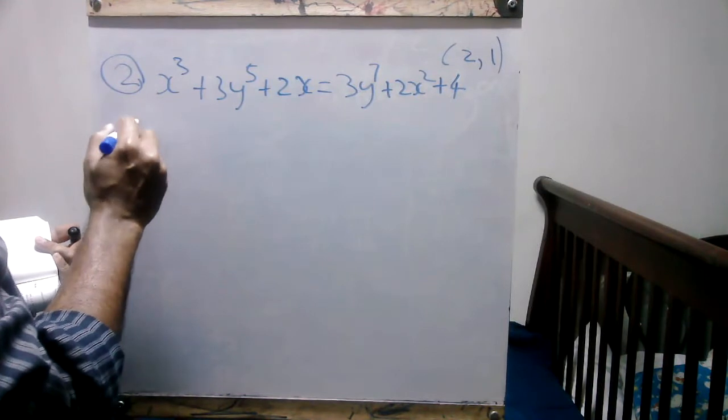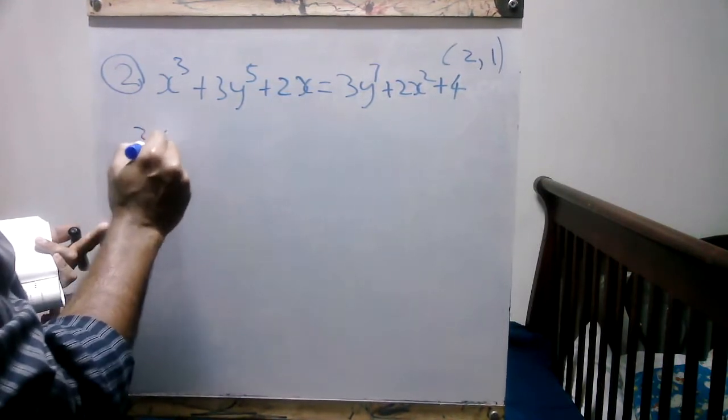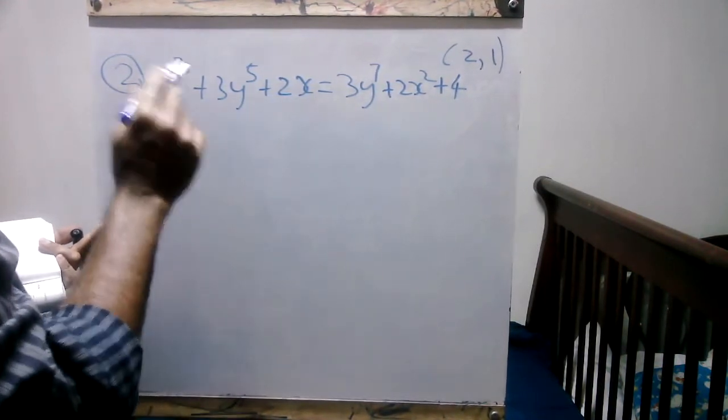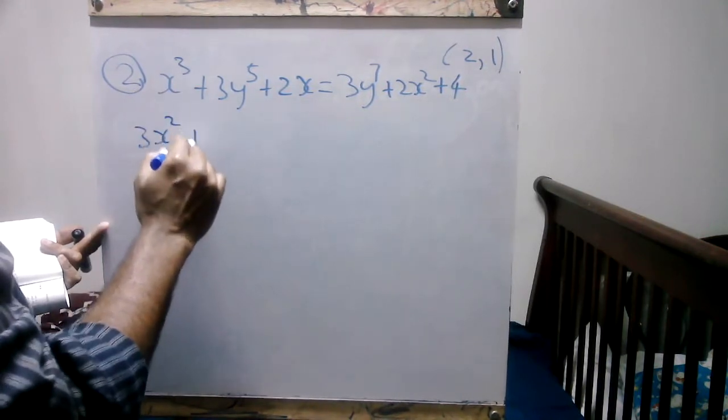This one is 3x square. Remember, we differentiate with respect to x.